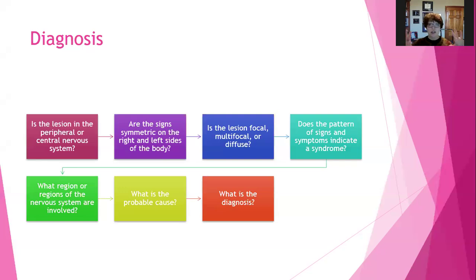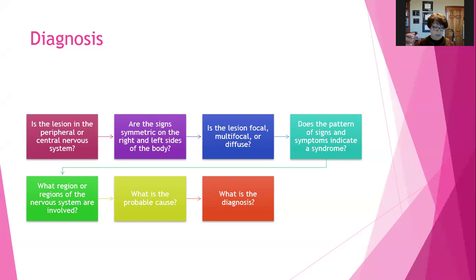A syndrome is where you have a group of symptoms that go together that indicate a particular cause. What region or regions of the nervous system are involved? What's the probable cause? And then what is the diagnosis? A lot has to be evaluated before you get to that point. And sometimes you don't have a diagnosis right away.